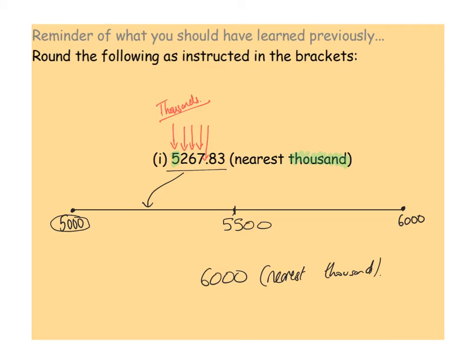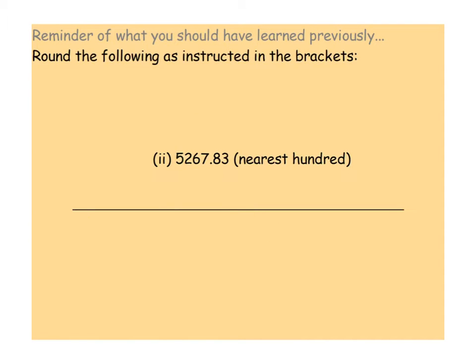Okay, I'm going to do this a bit faster on the next part. So exactly the same process, this time this digit is in my hundreds column, and so I know that the number in the question is between 5,200 and 5,300. Halfway in between those two, again remember the reason I'm doing hundreds this time, so 5,200 and 5,300, is because the question asked me to round this to the nearest 100.